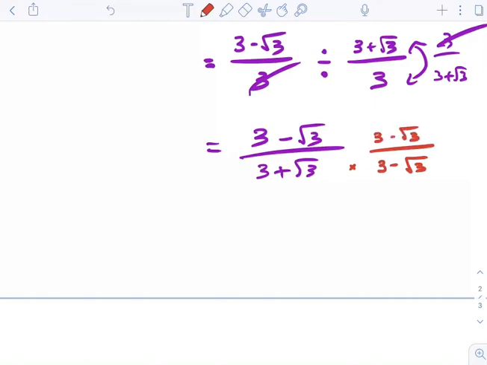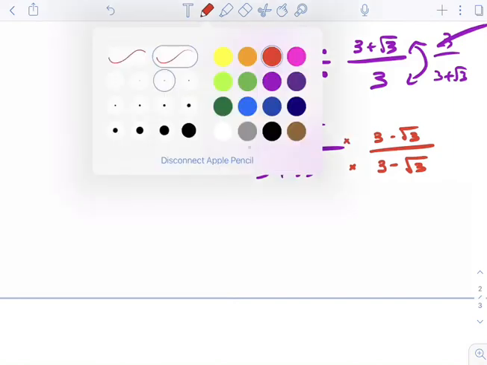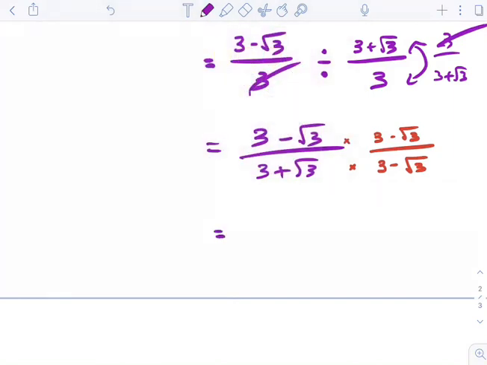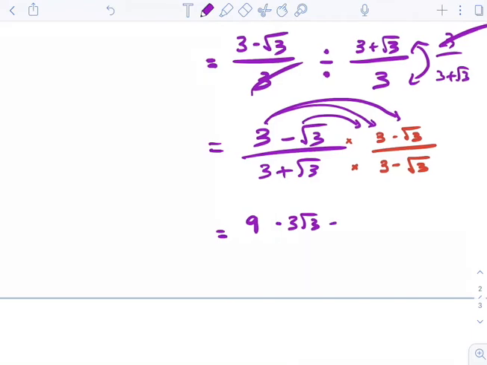It's like multiplying by 1. Multiplying top and bottom by the same thing. So that's like having 3 times 3, which is 9. 3 times negative root 3, which is negative 3 root 3. Negative root 3 times 3 is also negative 3 root 3.